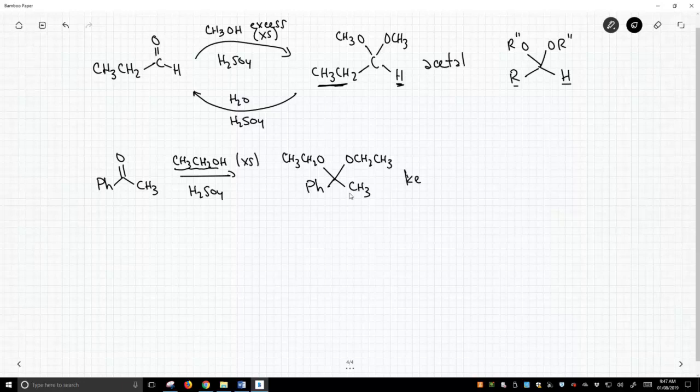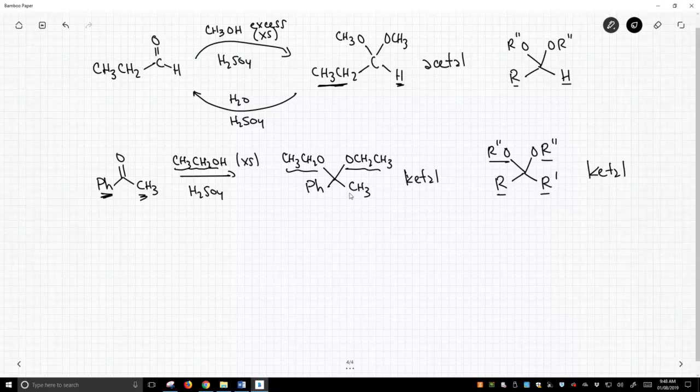And so here's our ketal, and this fits our template, where now we have two groups, R and R prime, on our central carbon, and then some OR double prime group on these newly introduced O ethyls in this case. So here's the ketal.